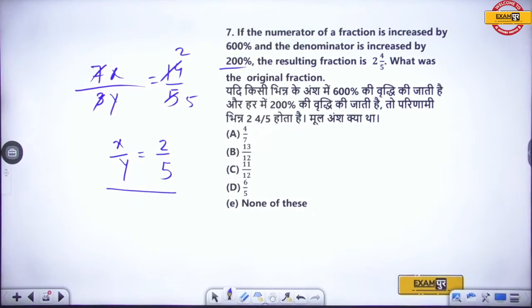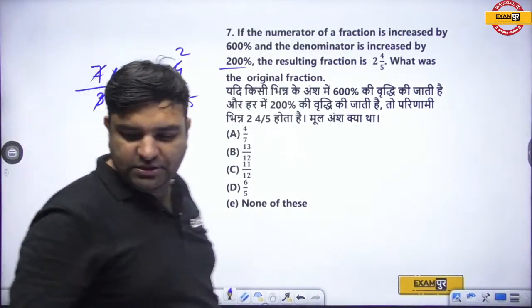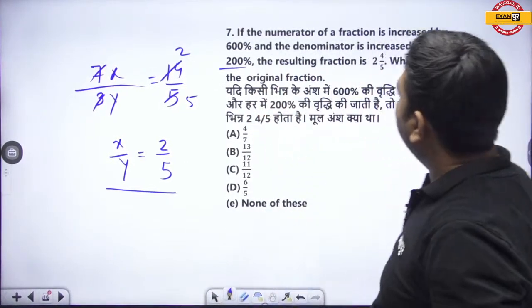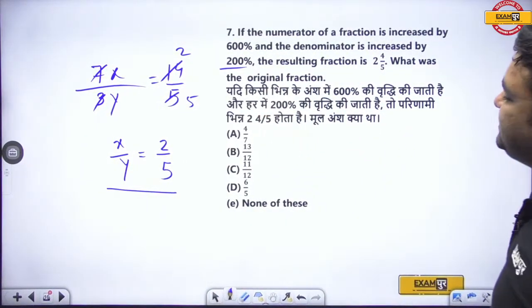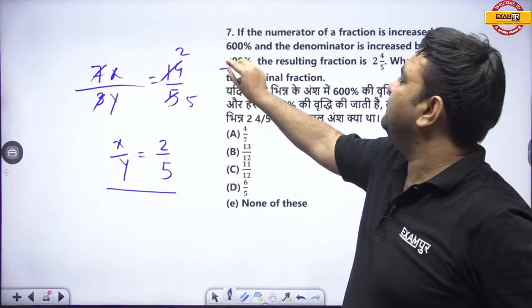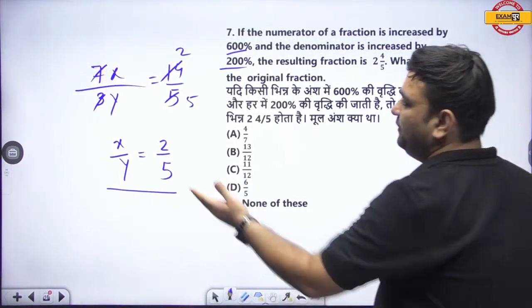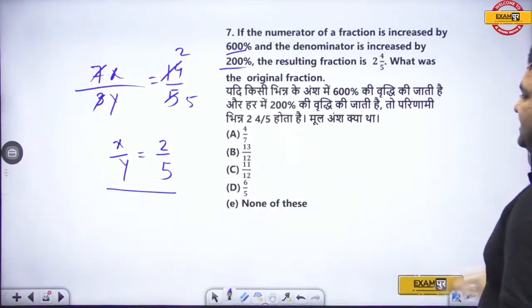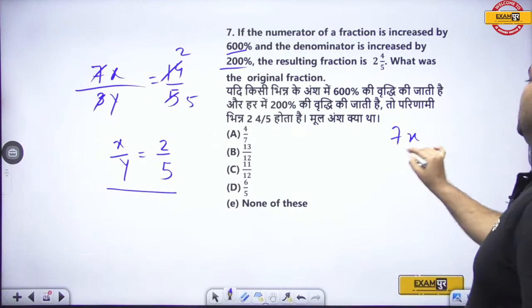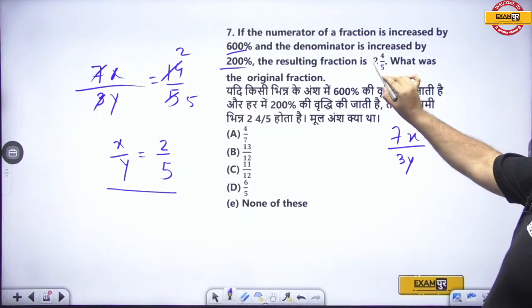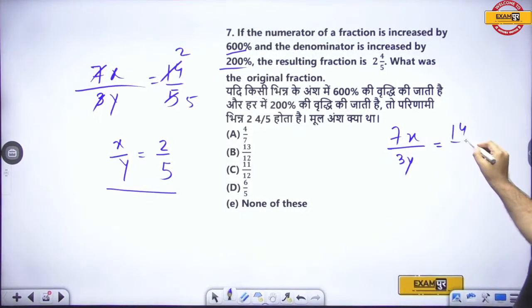The original fraction is 2 by 5. Is it not in the options? Numerator increased by 600%, becoming 7 times. Denominator increased by 200%, becoming 3 times. So 7x by 3y is given as 14 by 5.